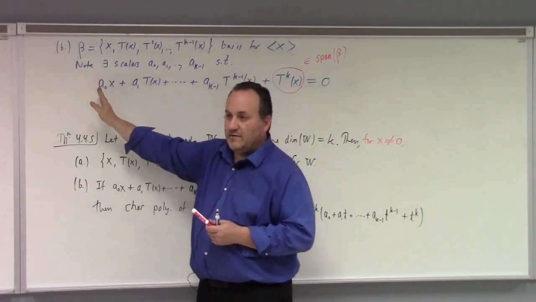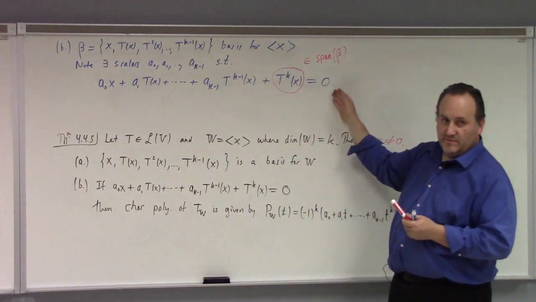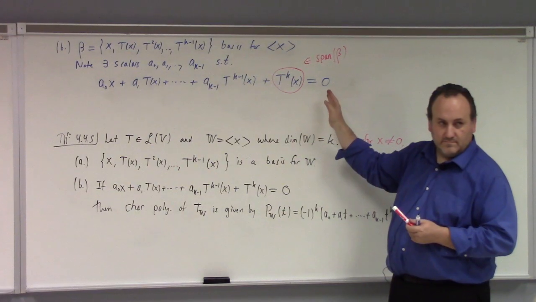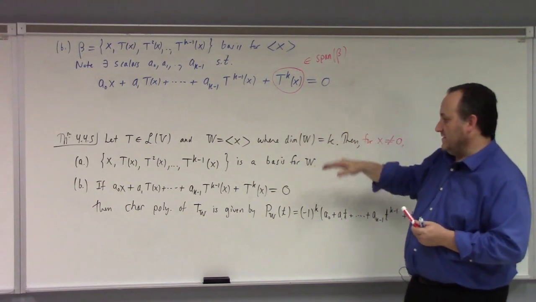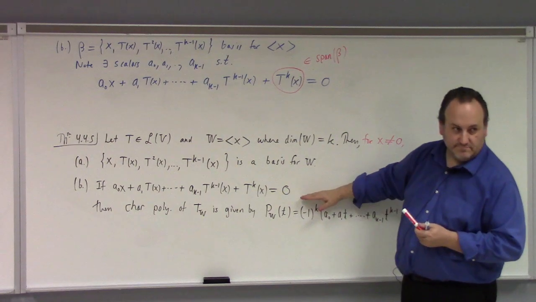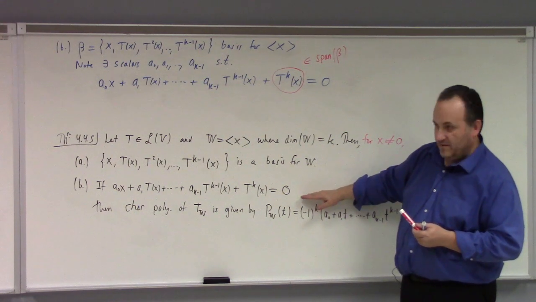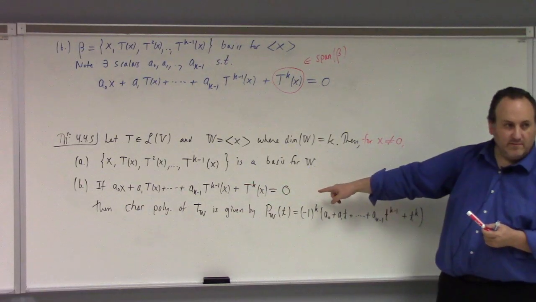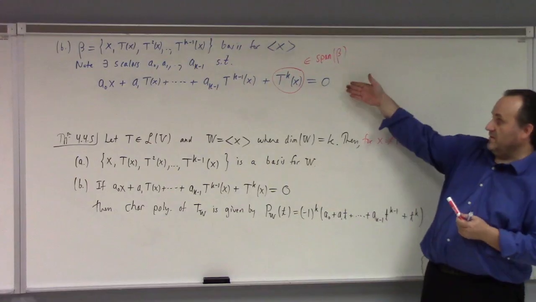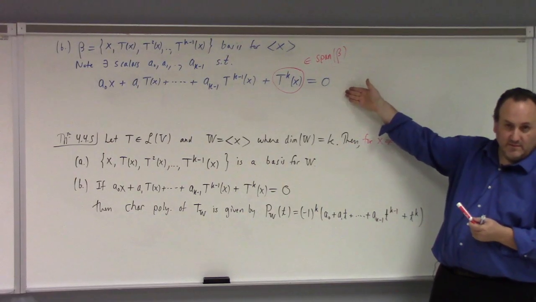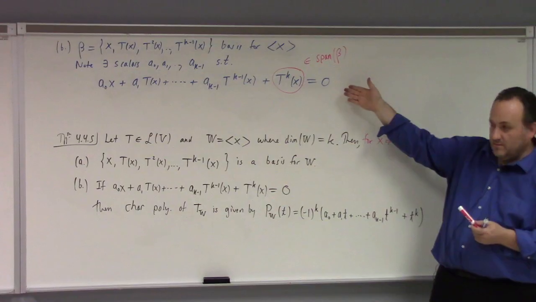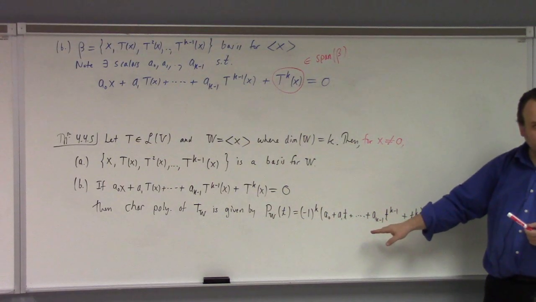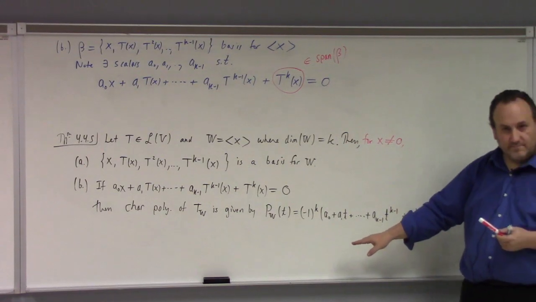I'm just rewriting that fact in a way which is convenient for us here, partly just to tie into part B. Now we have satisfied the assumption of part B. That's a reasonable assumption based on the data we have here. Now, we should calculate the characteristic polynomial of T restricted to W. Can we do that?